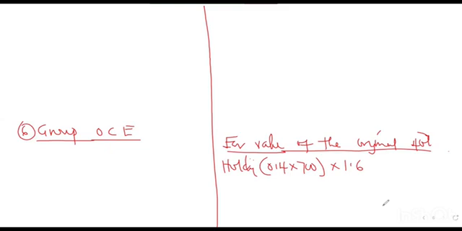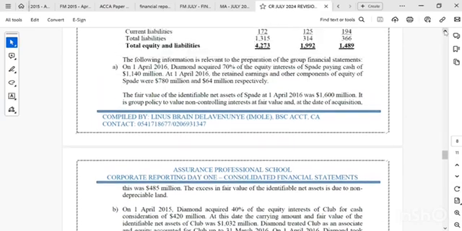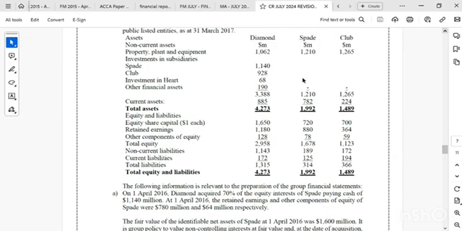How much are we having? $448. But what is the value of our 40% at the date of acquisition? What is the carrying value? We have determined that.